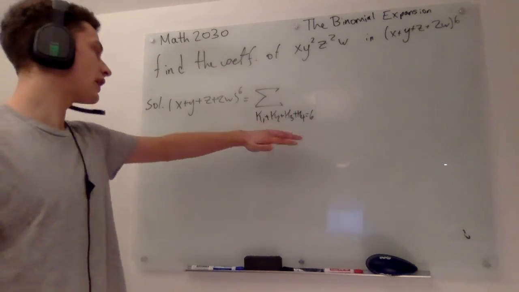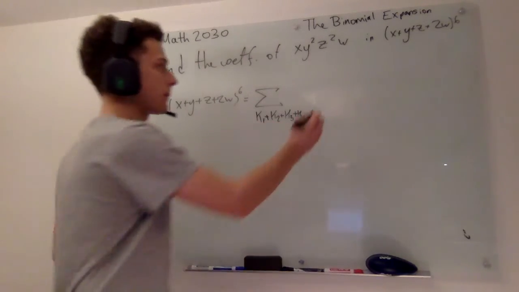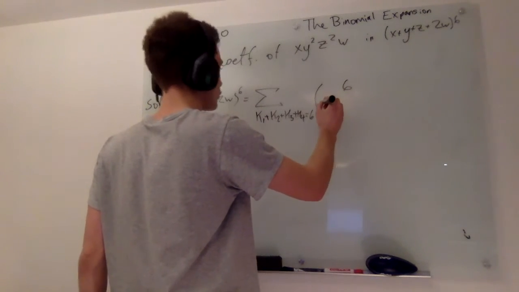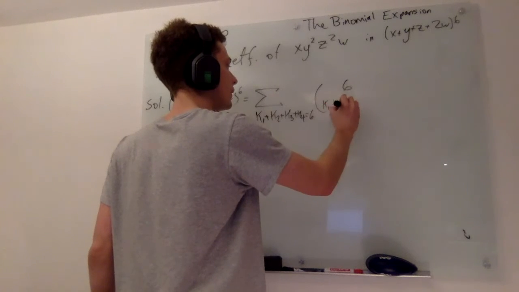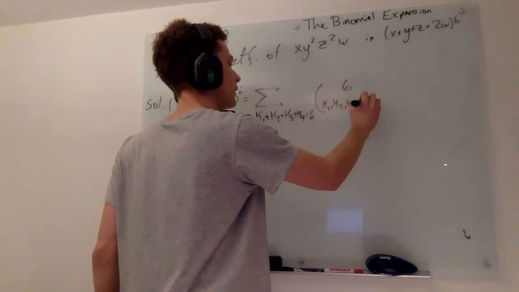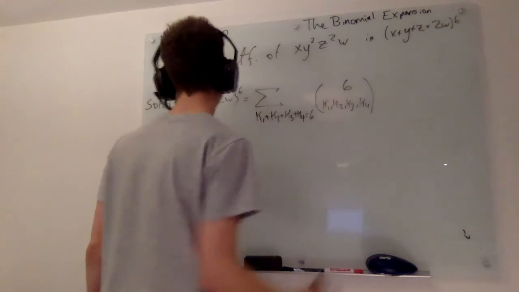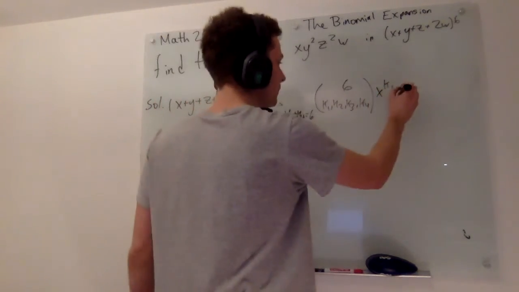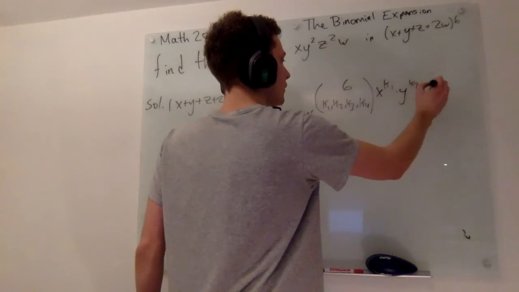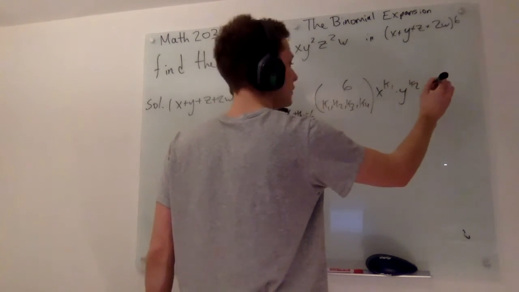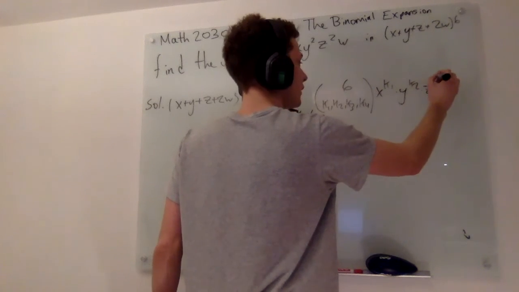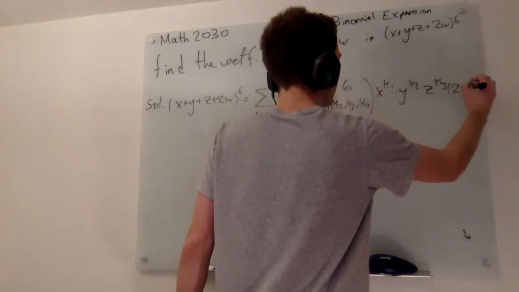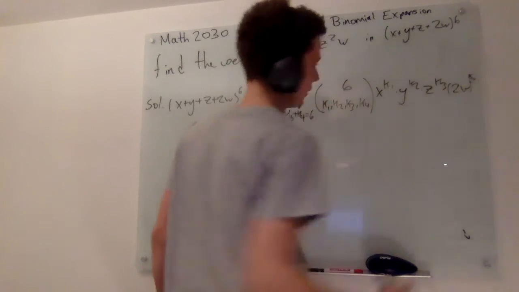So all non-negative solutions to this equation. And we have the multinomial coefficient 6, choose k1, k2, k3, k4. And we'll have x to the power k1 chosen. Same for y, k2, z to the power k3, and 2w all to the power of k4.